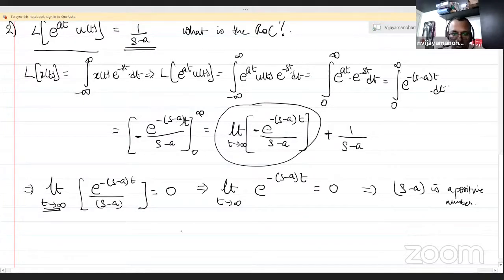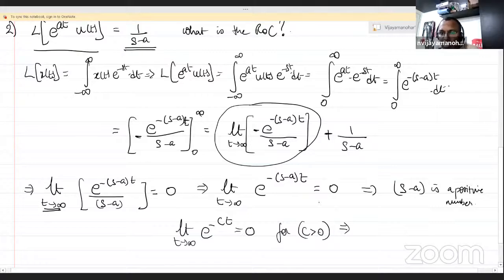For example, limit t tends to infinity, e power minus constant into t will be 0 for c greater than 0, correct? There's a constant. So this is what we are trying to say, which means s minus a is greater than 0, or this s is a complex number, sigma plus j omega minus a is greater than 0.